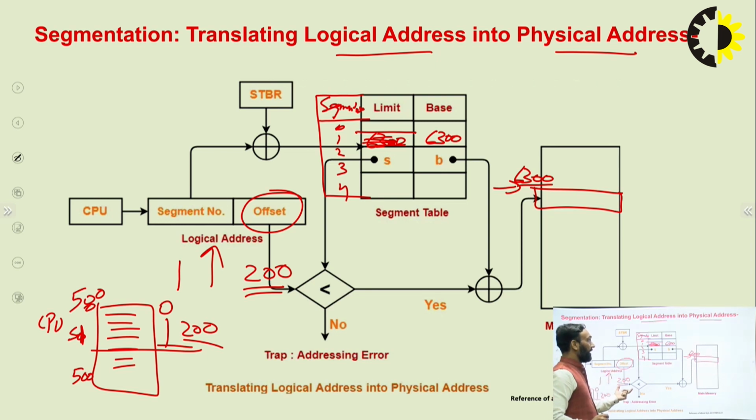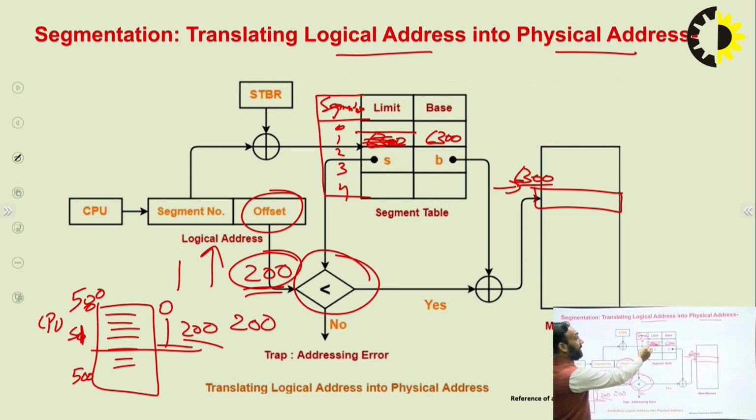So it will compare the offset with the limit of the given segment. What does this comparison represent? It will compare 200 with the limit. What is the limit of segment 1? That is 500.